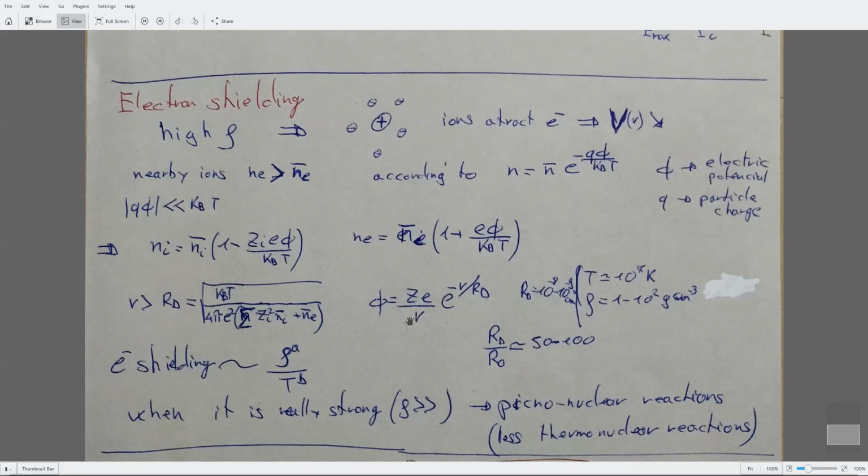So you have the classical Z multiplied by the charge divided by the distance, but there is an effect of reduction. The further away, the smaller the potential, so the particles manage to arrive nearby.